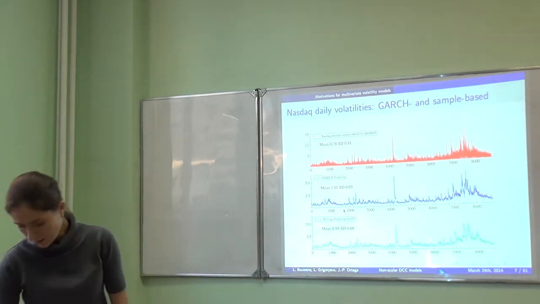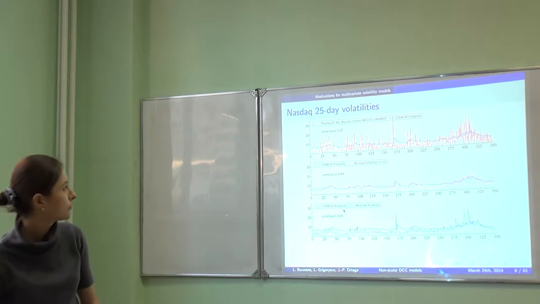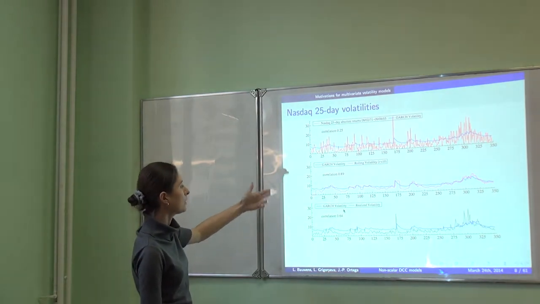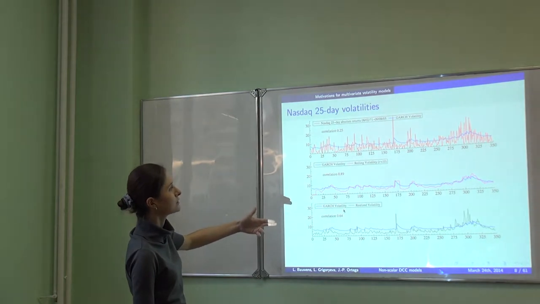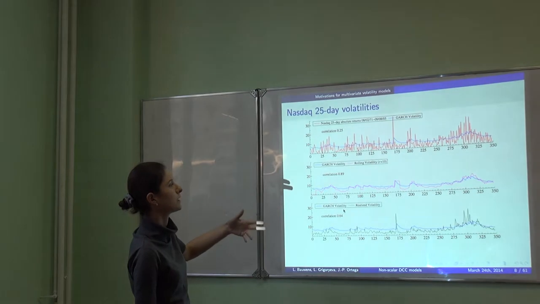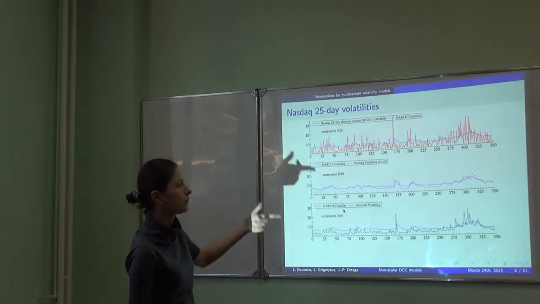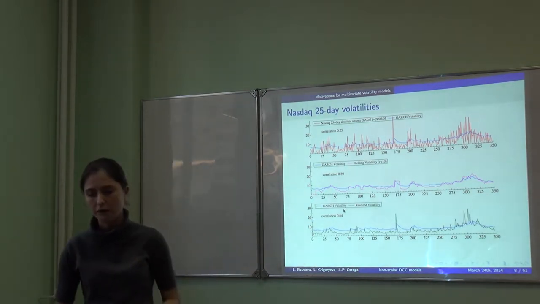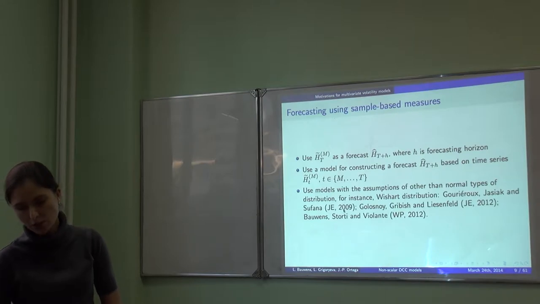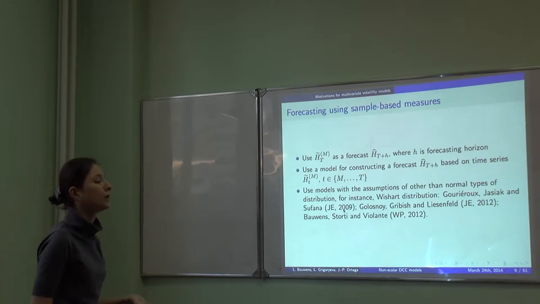Another crucial thing here is that the model-based approach, or whatever approach we are considering, is very closely connected to the frequency that we are working with. So for GARCH models we have to be very careful what kind of frequencies we choose for our asset returns. What is usually done when we work just with sample-based measures?